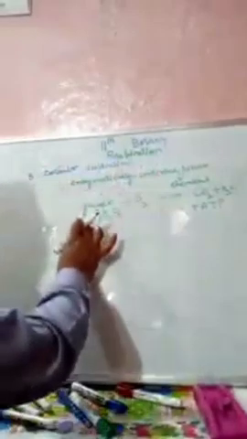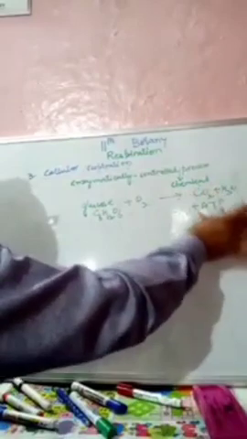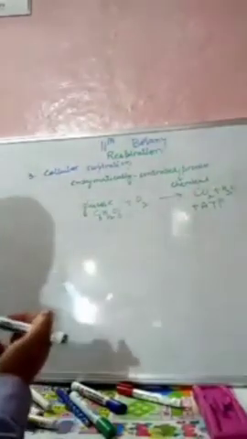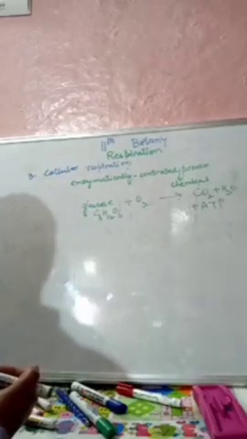So cellular respiration is an enzymatically controlled chemical process in which the glucose molecule is oxidized to produce simpler substances, that is carbon dioxide and water, and this whole process takes place inside the mitochondria to produce the energy rich molecule, that is the ATP molecule.